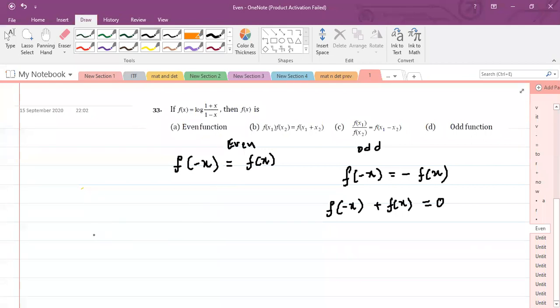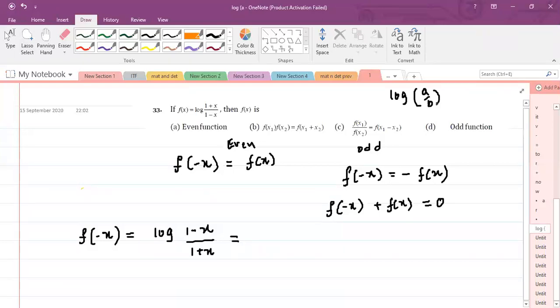Now let me find f of minus x. f of minus x is log of, you need to replace x by minus x, so log of 1 minus x divided by 1 minus of minus x, which means 1 plus x. By properties of logarithm, what is log of a by b?